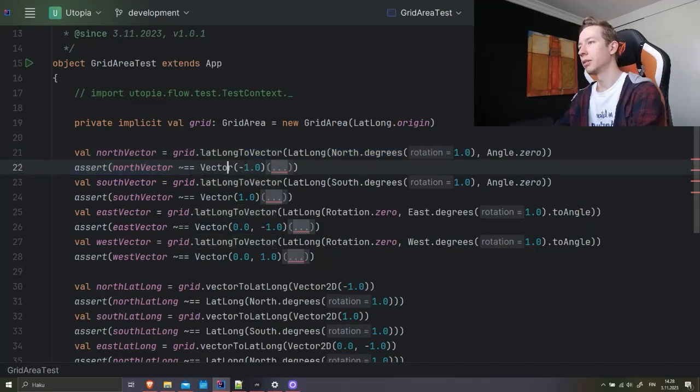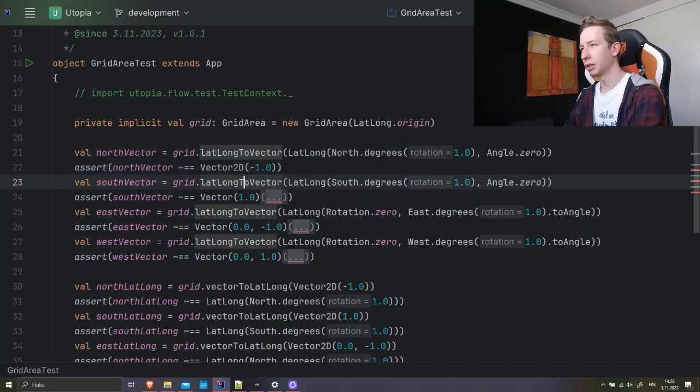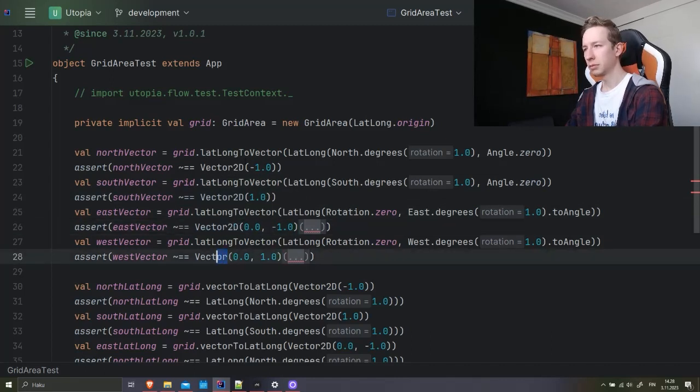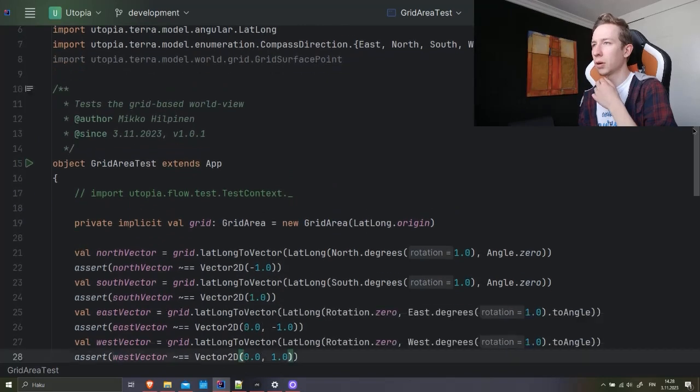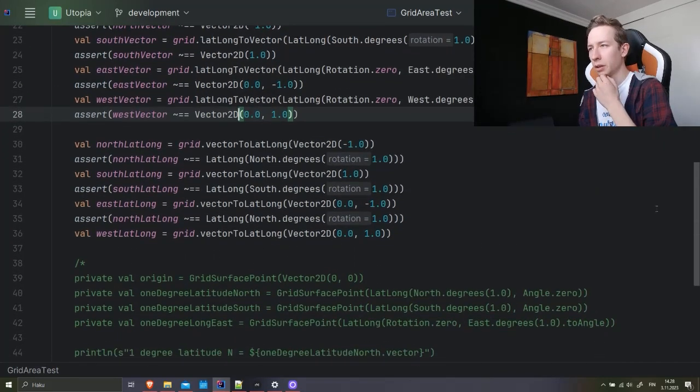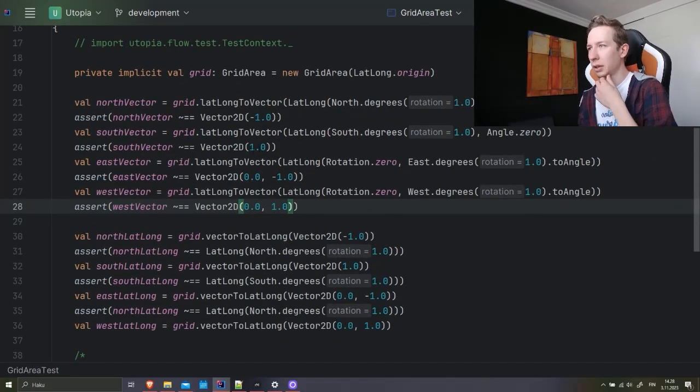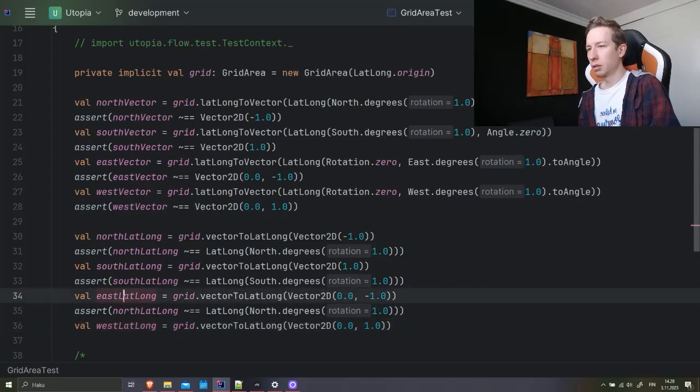Oh, well. Because it's Vector, not Vector2D. Yeah. That's a bit confusing. Vector is one of Scala's built-in classes, while Vector2D is of my own making. So kind of easy to mix those up. So east, west, east, west.